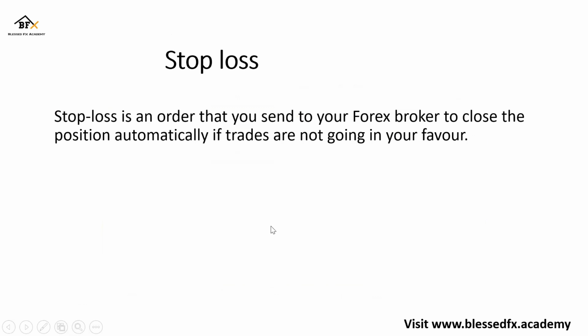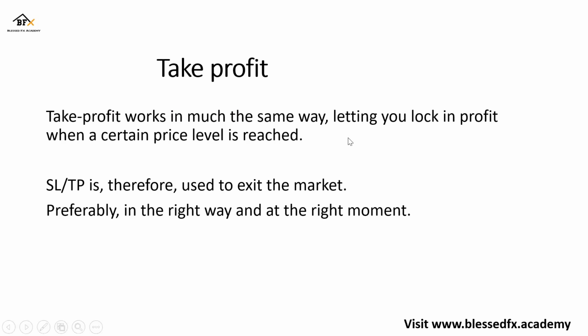So yeah, stop loss is an order you send to your broker to close the position if the trade is not going in your favor, right? If the trade is not going in your favor, you set stop loss. I also showed how to set stop loss in that MT4 video. Like I said, go watch it from the link in the description. Take profit is the opposite.